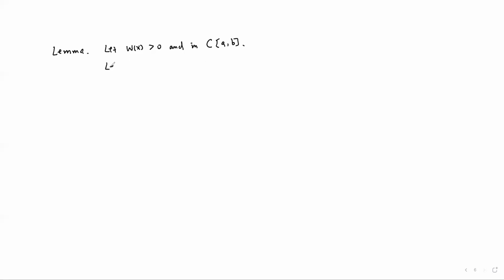Second, let Q be a polynomial of degree n plus 1. Then Q is W orthogonal.